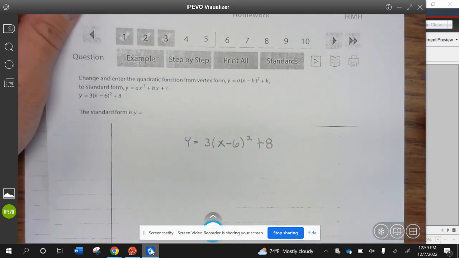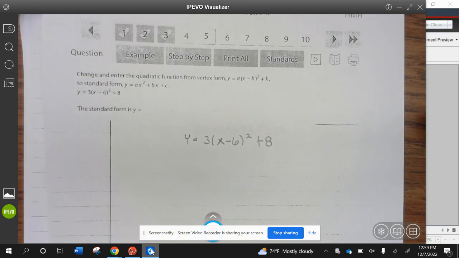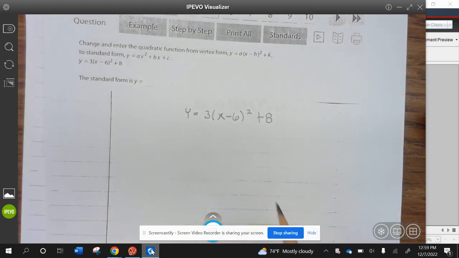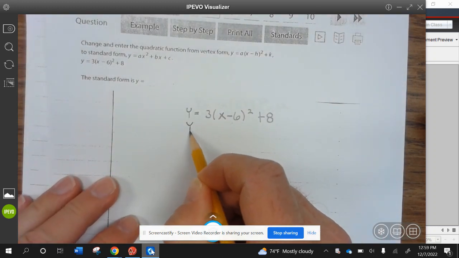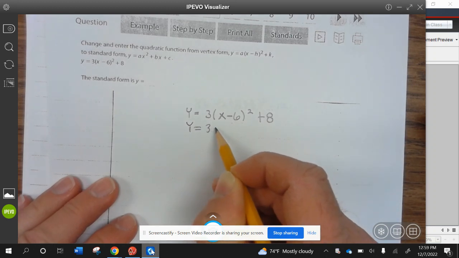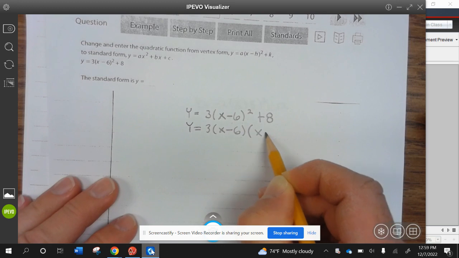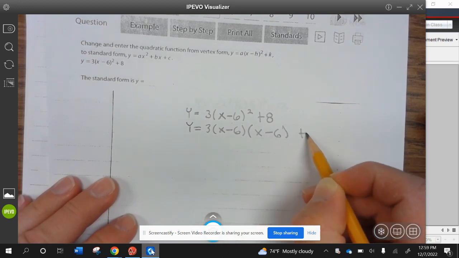Example 5: change the quadratic function from vertex form to standard form. To do that, we need to simplify this. We have y equals 3 times (x minus 6) squared, which is (x minus 6) times (x minus 6), plus 8.